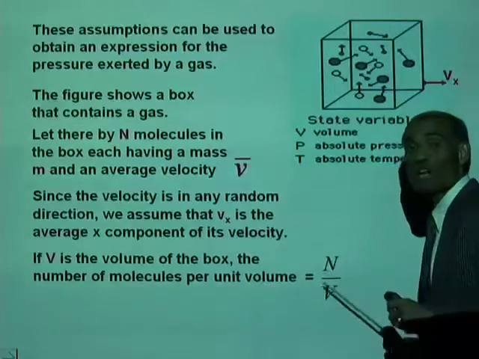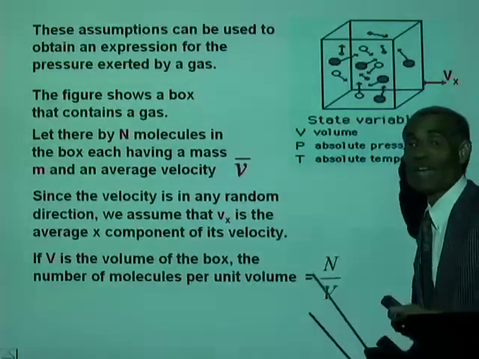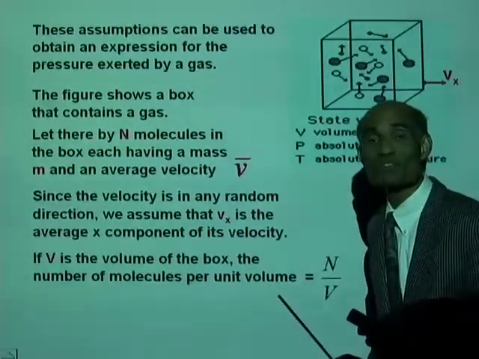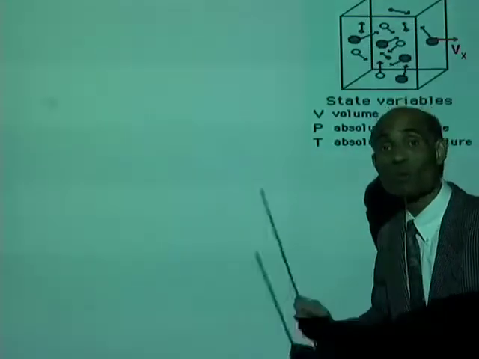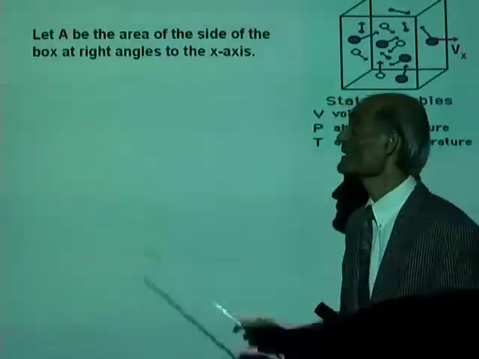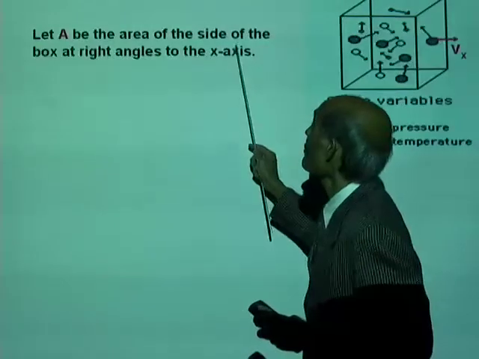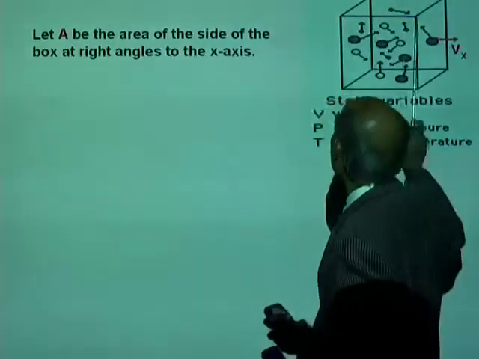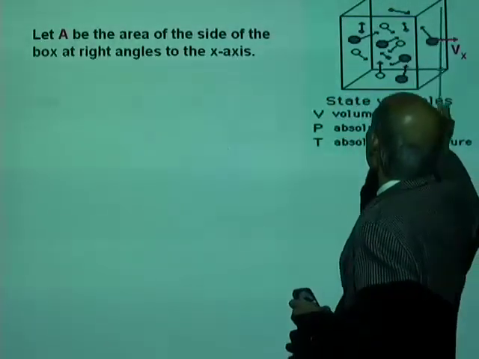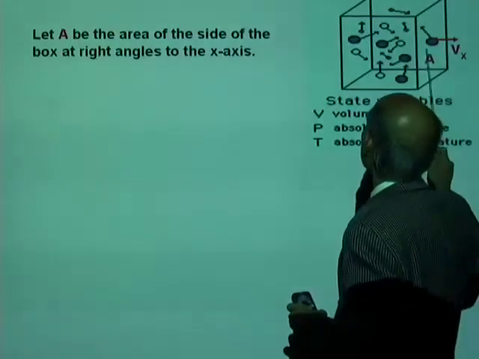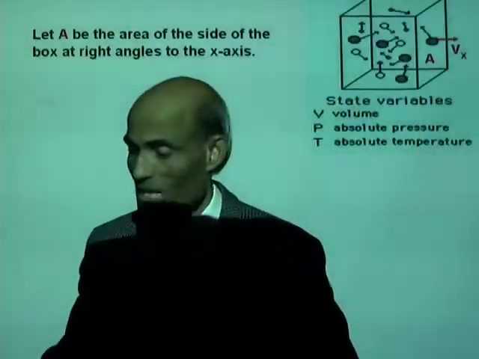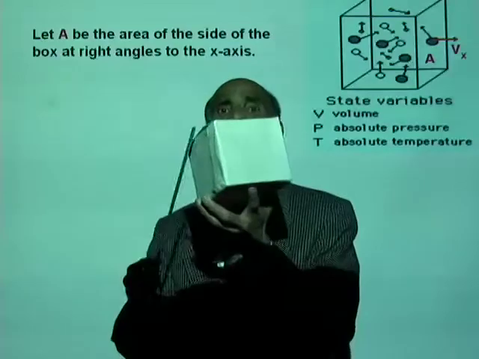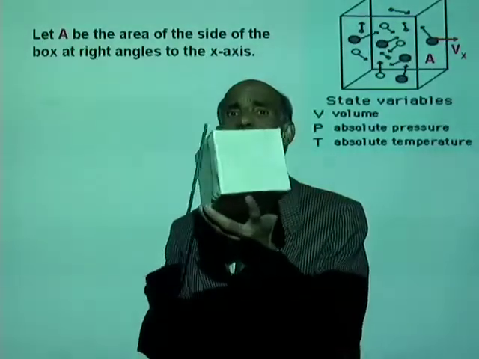Will be n over V. N over V now represents the number of molecules per unit volume. Let A be the area of the side of the box on the right. This area, let this area be A. Just like the box I showed you, this area is A.